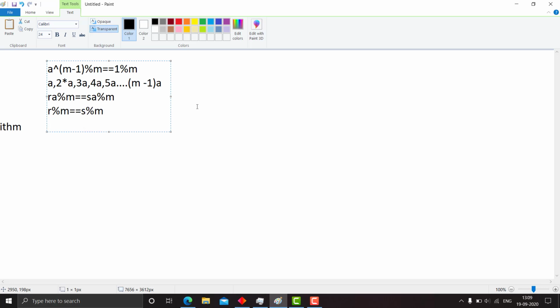Because we have considered m minus 1 numbers, this sequence is congruent to the numbers 1 to m minus 1 mod m.